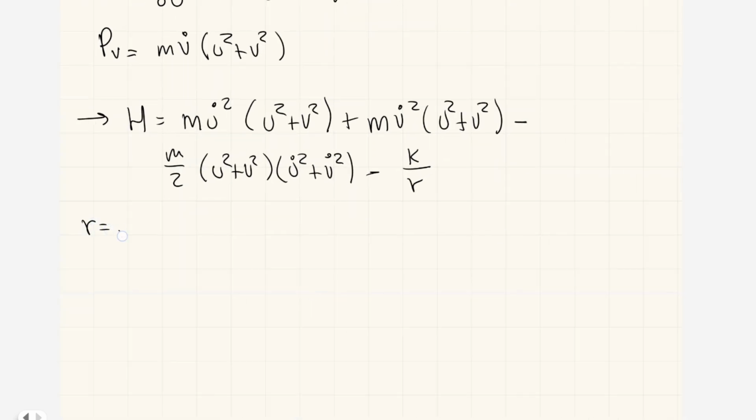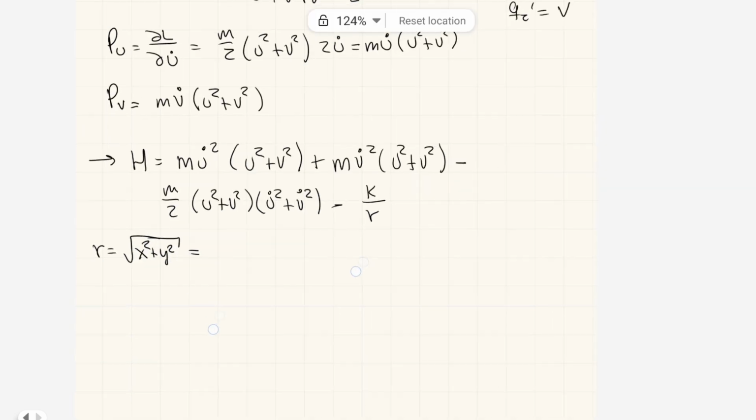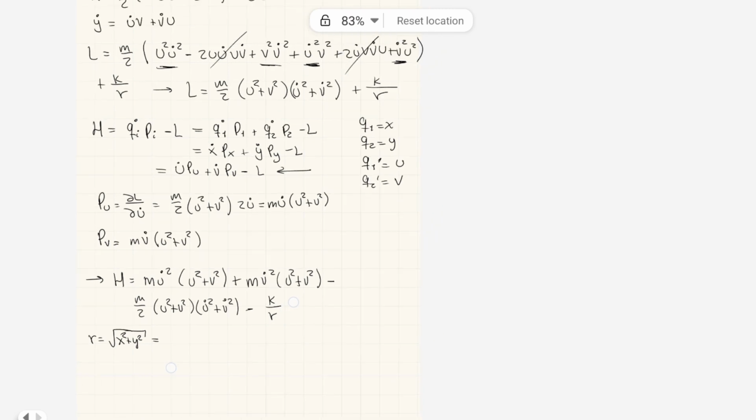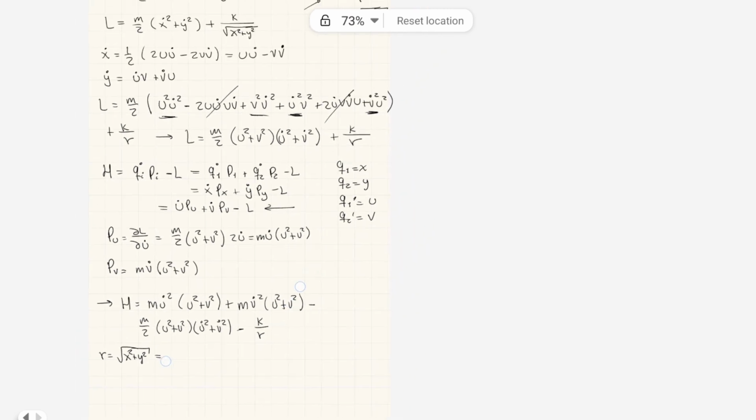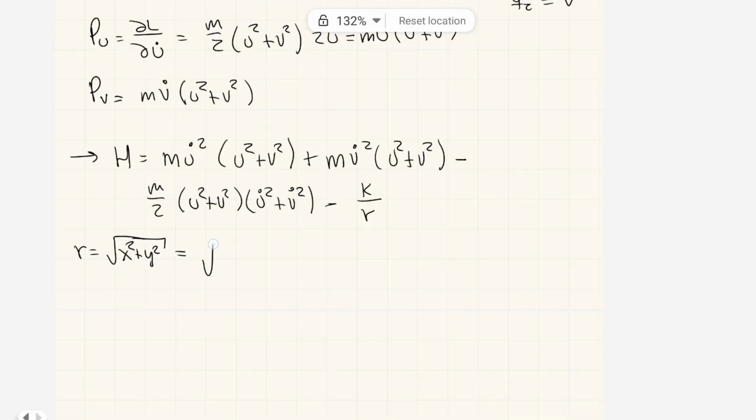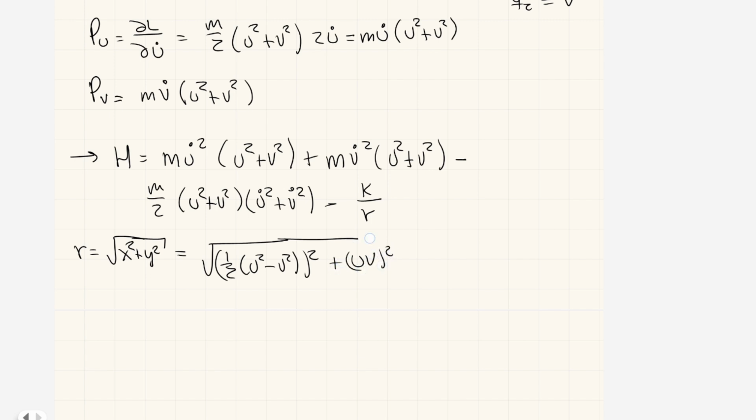So r is equal to the square root of x squared plus y squared, and if you make the calculation, well, remember that x is equal to 1/2 (u squared minus b squared), so this goes squared, and then plus (u b) squared.